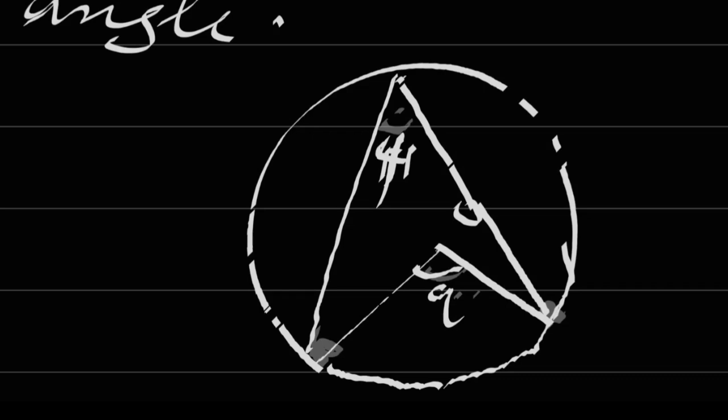We have 41 here, we have Q here. So the angle here is Q. To find this Q is very simple. Angle at center is twice angle at circumference. If angle at circumference is 41, the angle at the center will be 2 times the angle at circumference.